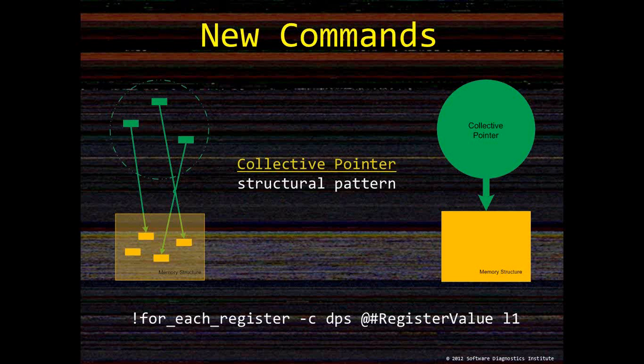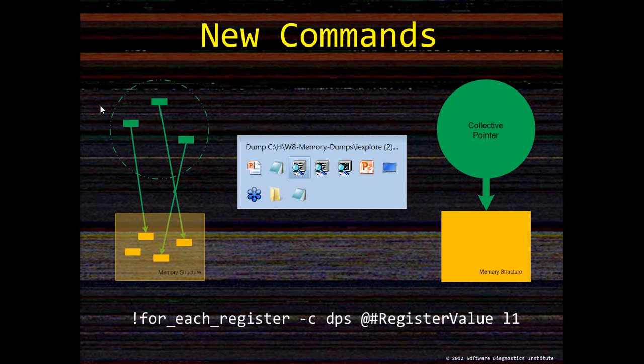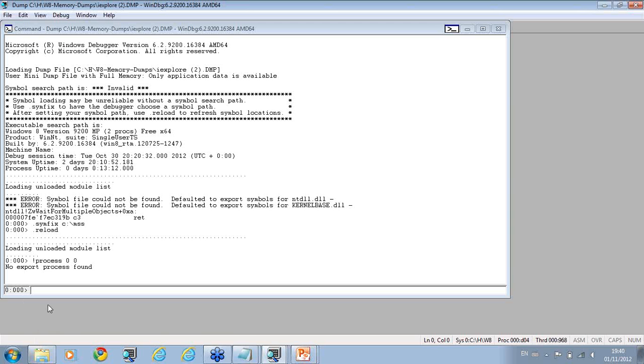The support for abstract patterns can also come from new tools or new commands. For example, there is a new command in the new WinDbg version. There are many new commands, but this one is very useful. It's called for each register. With this command, you can execute any command for each register value. Take any dump, for example, an Internet Explorer dump, and let's do for each register.